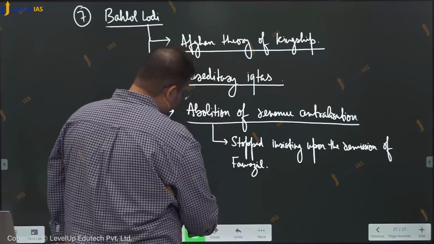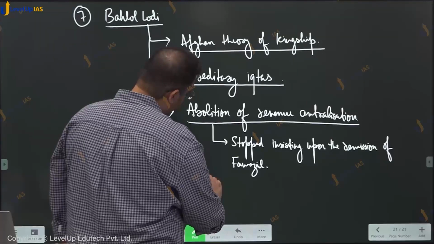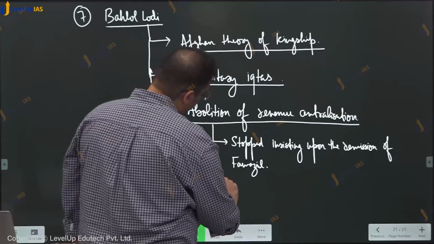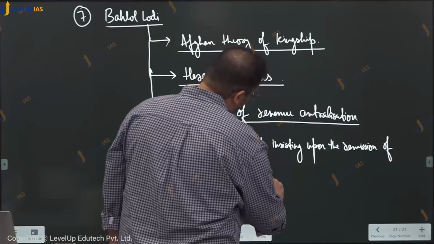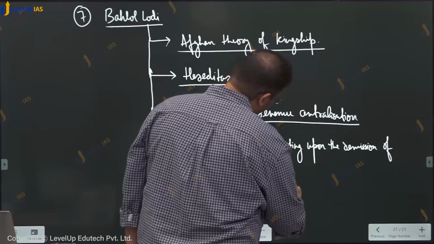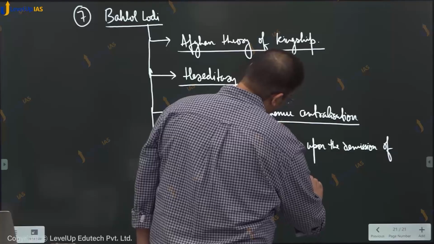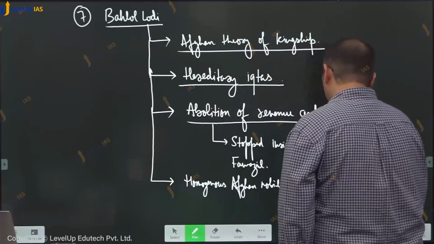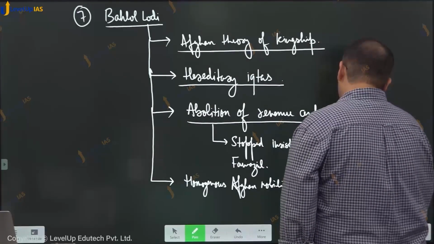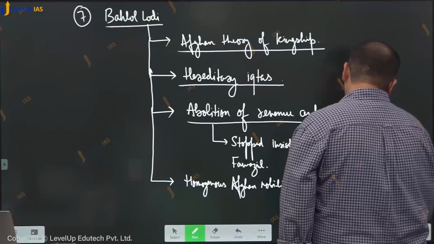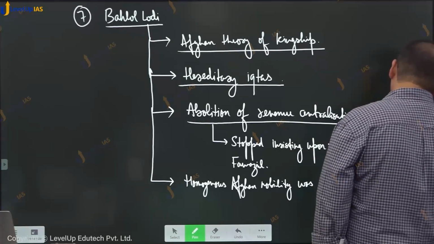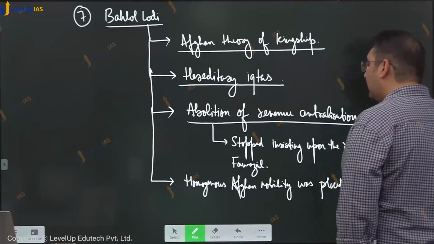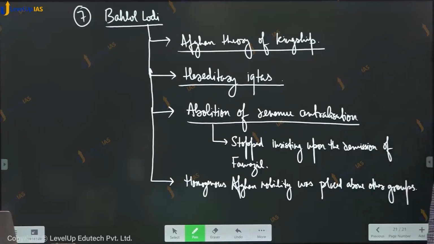So a homogeneous Afghan nobility was placed above other groups. So they were given more power and more privileges as compared to other groups of the nobility.